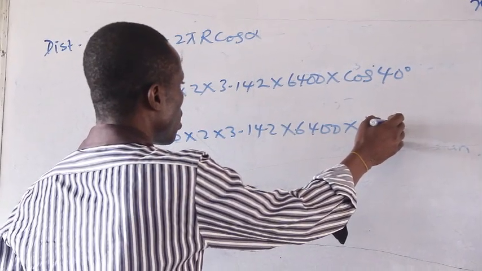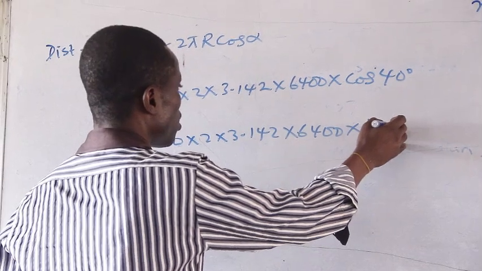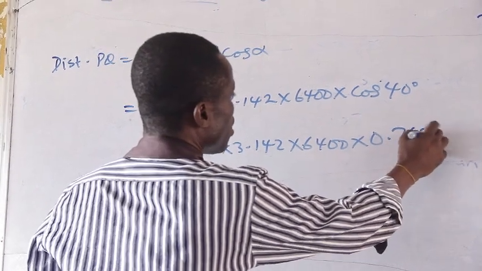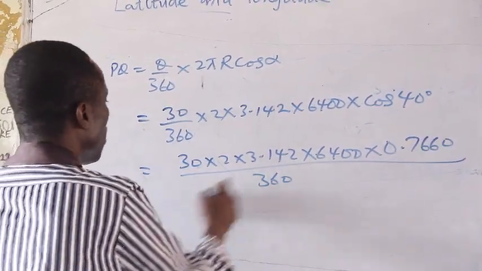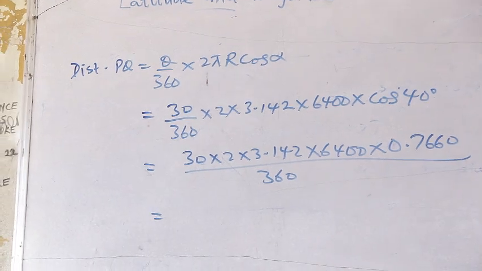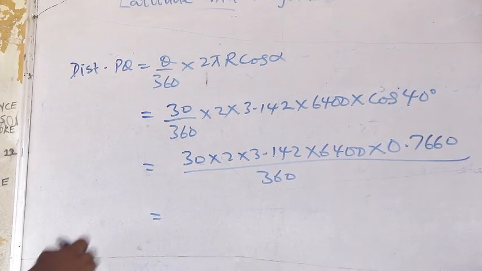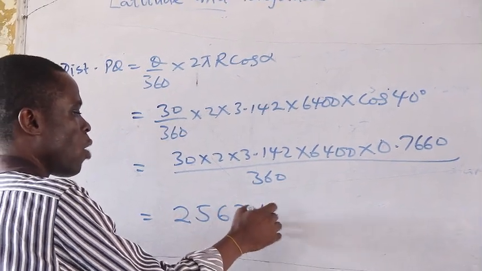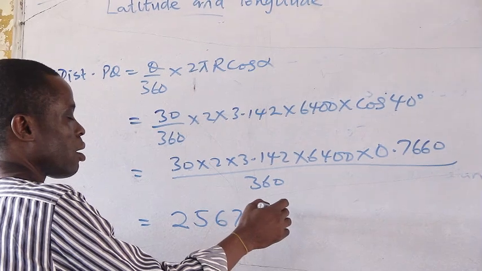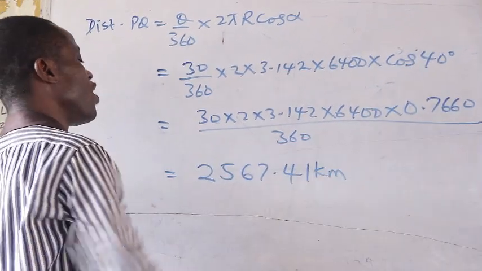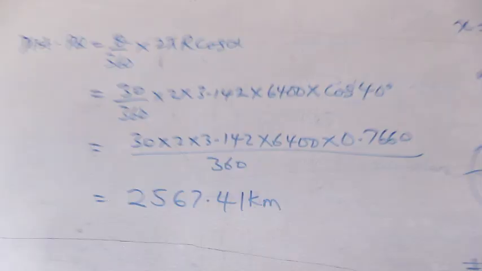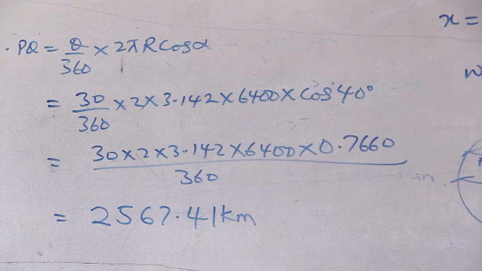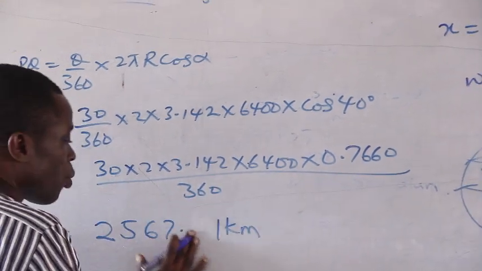Cos 40 is 0.7660, all over 360. Multiply and divide by 360. That gives 2,567.37.